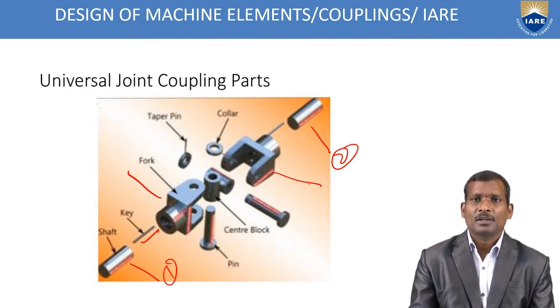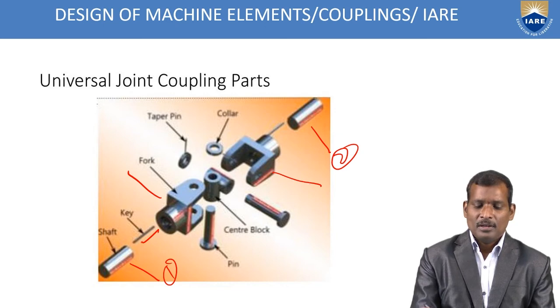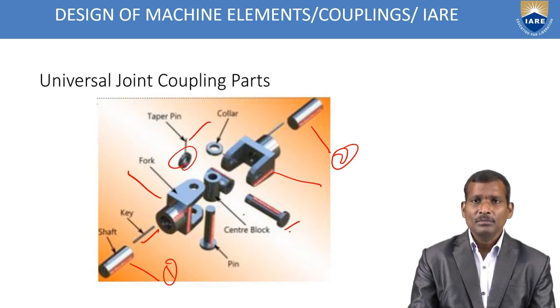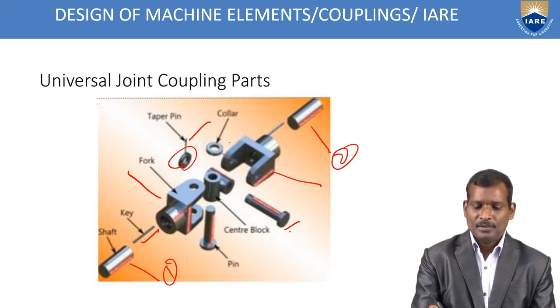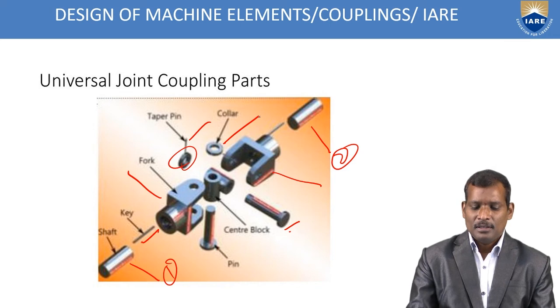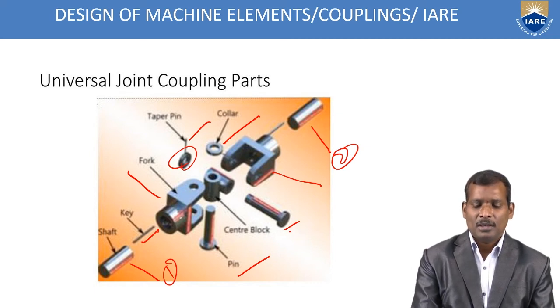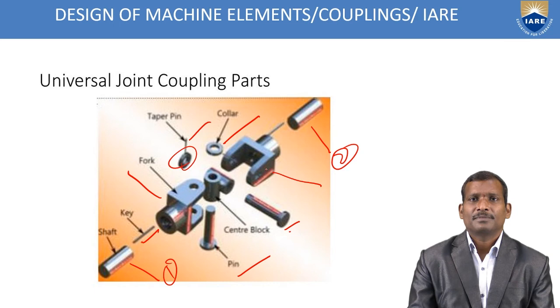This one is also a fork, with a taper pin and collar. This is the pin and collar. This one is also a pin. With the help of these pins and collars, these two are joined.